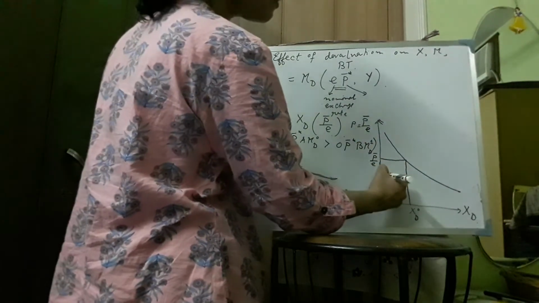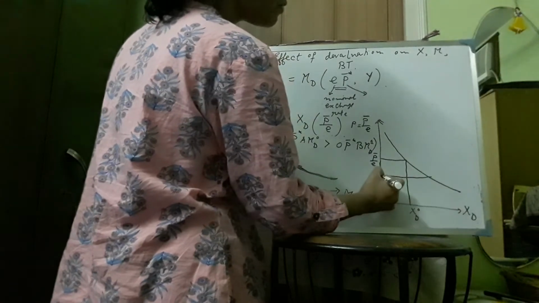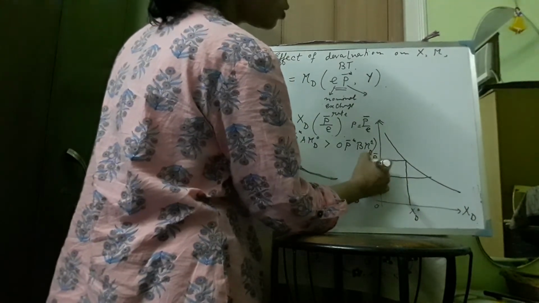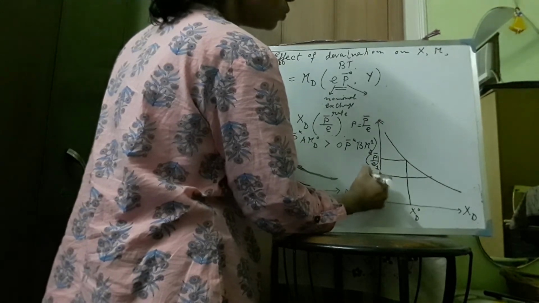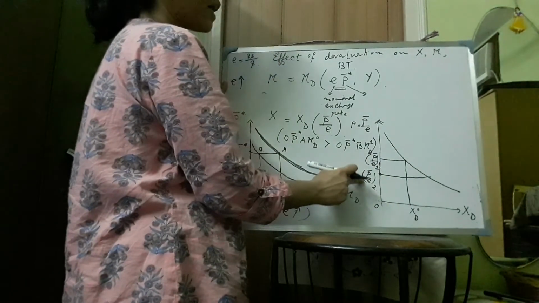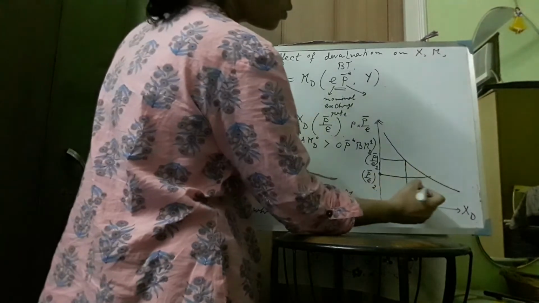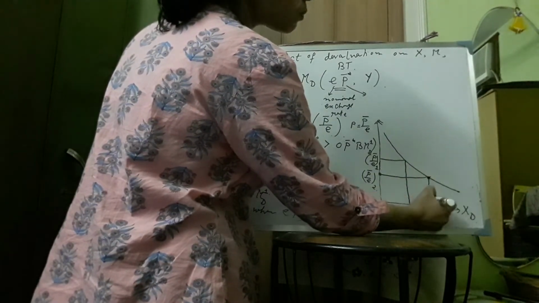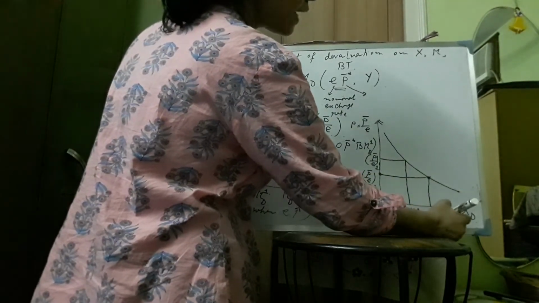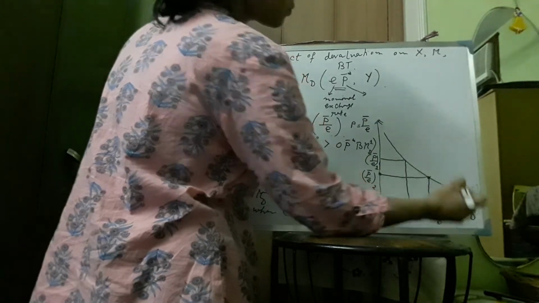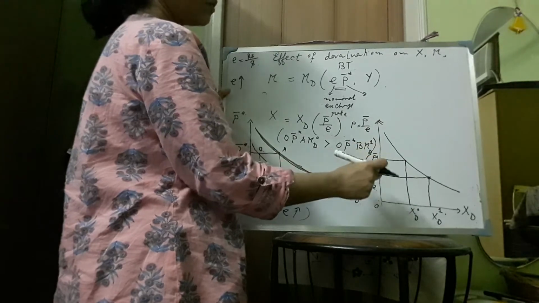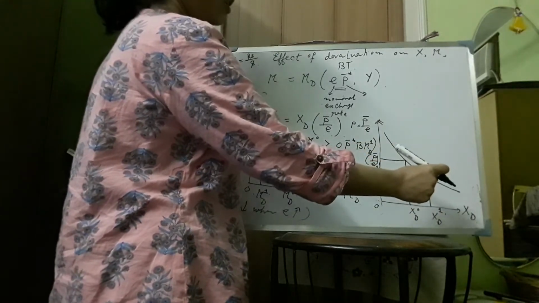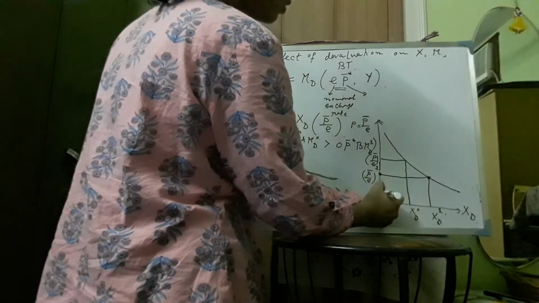So P bar by E is falling from P bar by E1 to P bar by E2. At the new P bar by E2, the export demand rises to XD1. So the price of export is falling, but demand for export is rising.